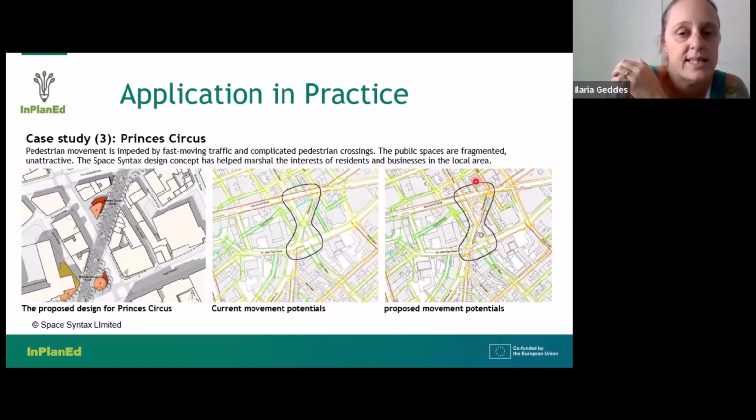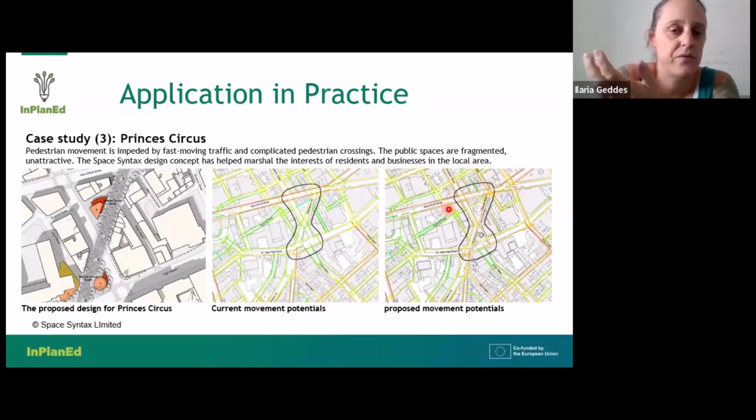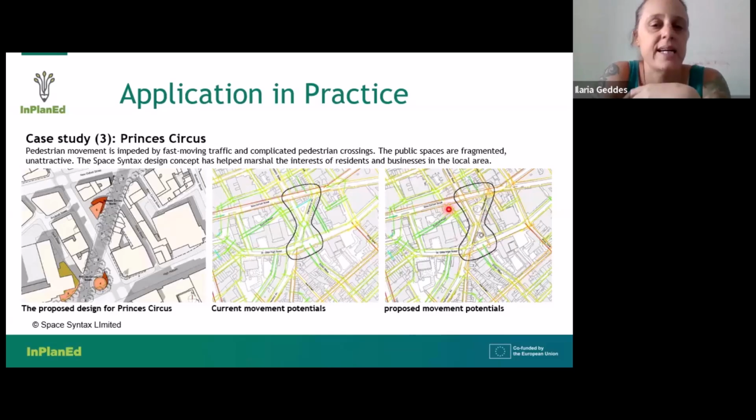So this is how the model tells you whether things are improving or not. If you did another design, it might be that actually it might have become more segregated, so less accessible, and you would have discarded the design.